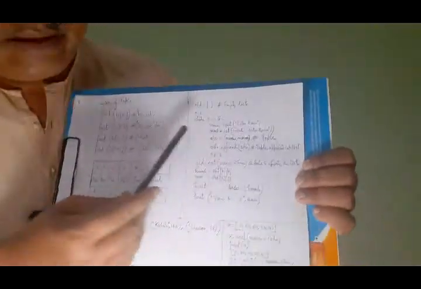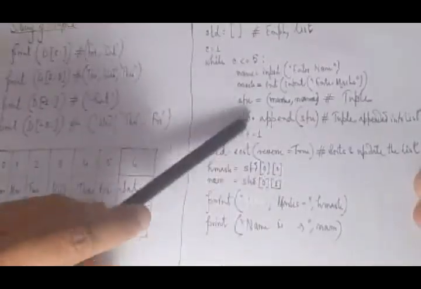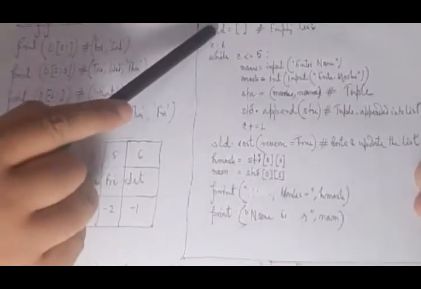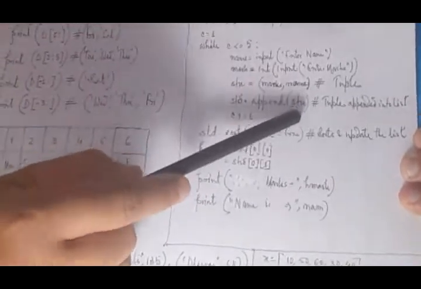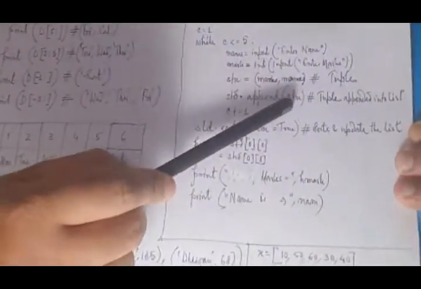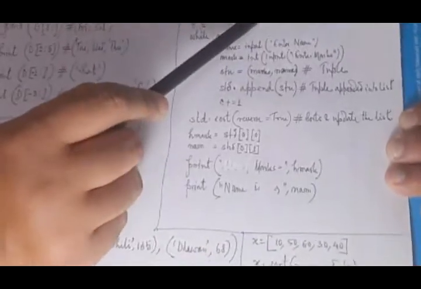You know how the append works? I think we have discussed in class 11 how to append. So STD was the name of the list. std.append, under bracket, STU is the tuple and STD is the list.